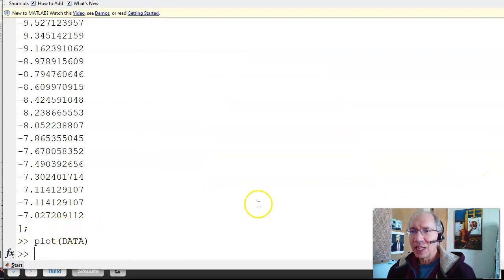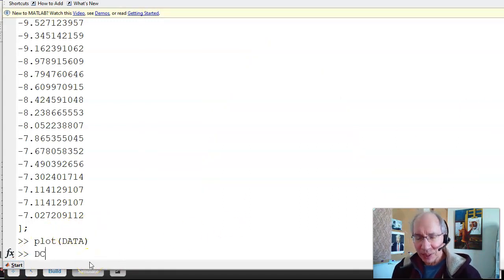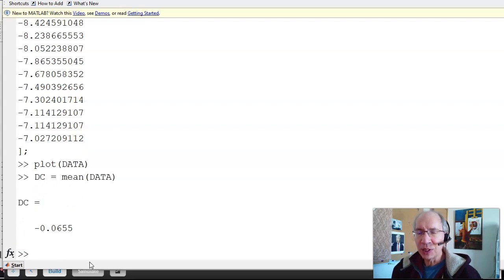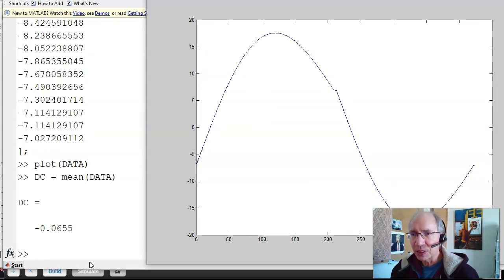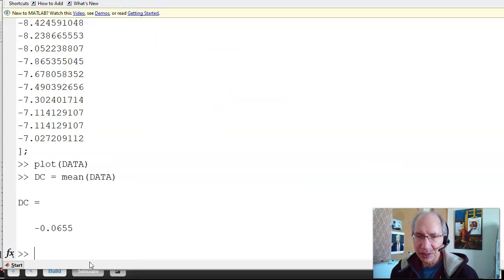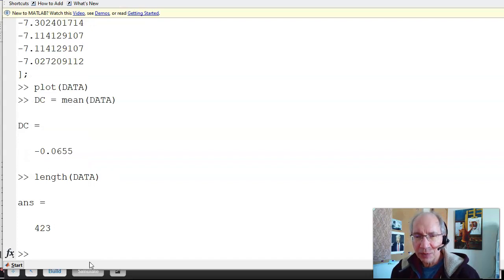Now I can do a Fourier transform on it. So the DC term is the average. It's about 0. For the first harmonic, I'd like the period to be 2 pi, because that makes the math easy. Take the length of data. I have 423 data points.